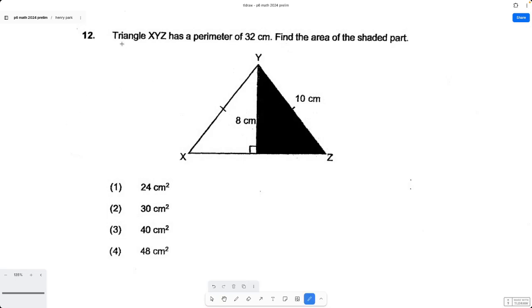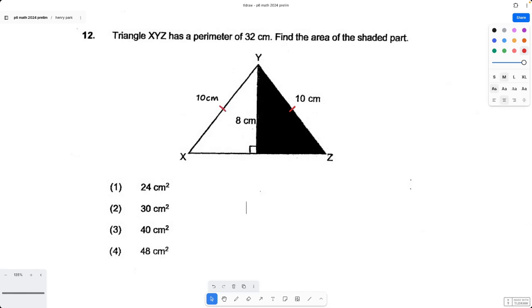Question 12. Triangle XYZ has a perimeter of 32 centimeters. Find the area of the shaded part. We know this is 10 centimeters, 10 centimeters. Let me draw the line as well. We also know that this over here is an isosceles triangle because of these indicators.